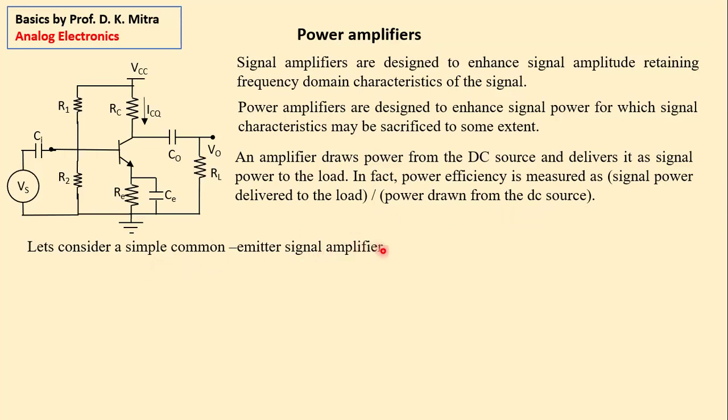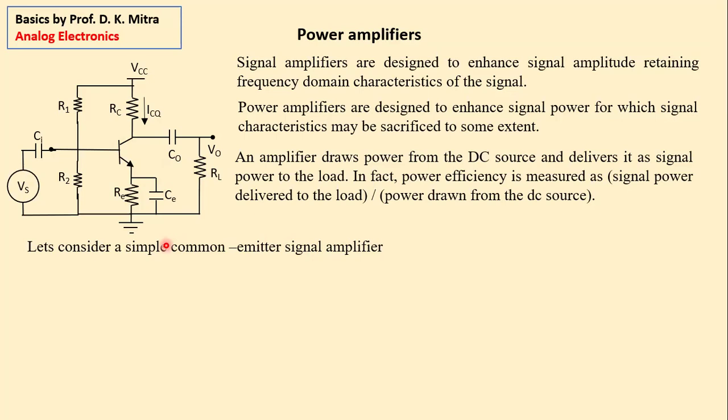Common emitter signal amplifier. I've said that this is a signal amplifier, not a power amplifier. But then why do we go back to this? Because the principle of operation of a power amplifier is a little bit tricky to understand.